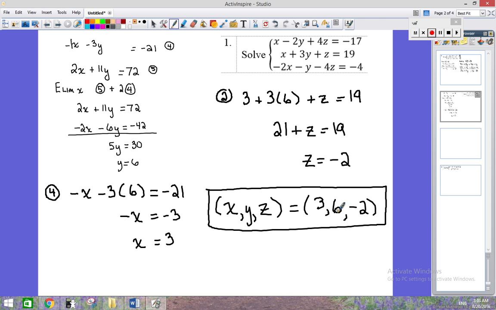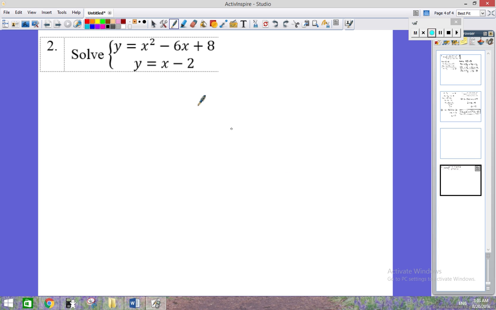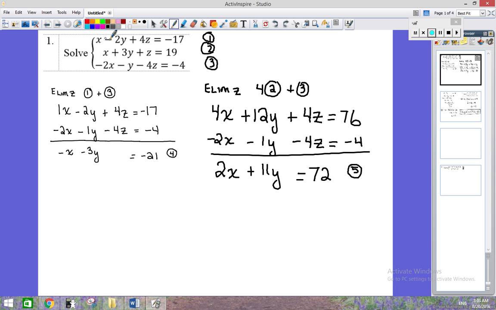Alright, so let's move on to the second problem here. We have a system of equations. We have 2 variables, 2 unknowns, but this time, see, last time all of the variables had an exponent of 1. This was a linear system of equations.